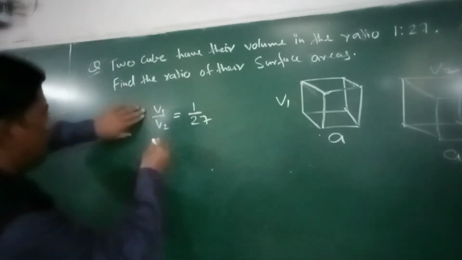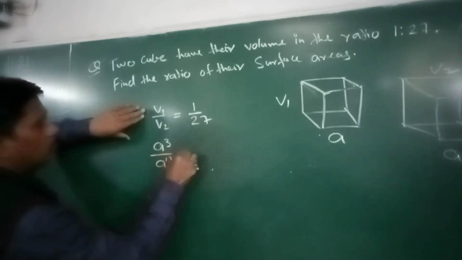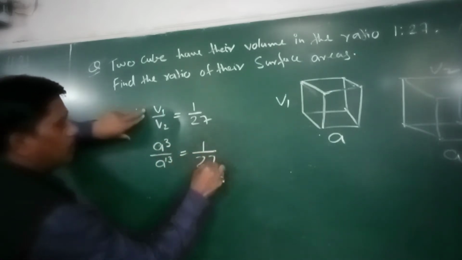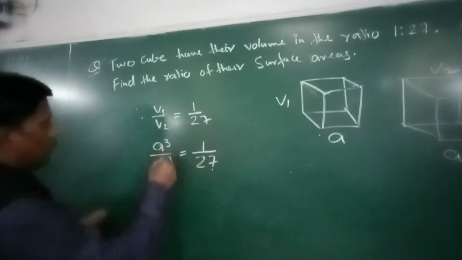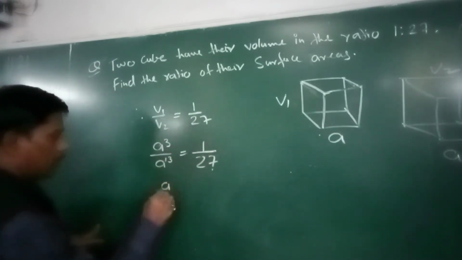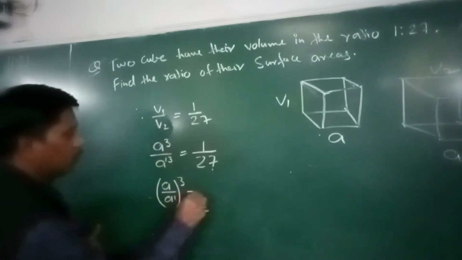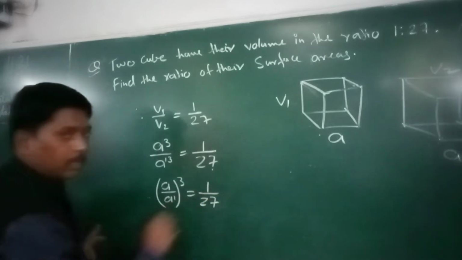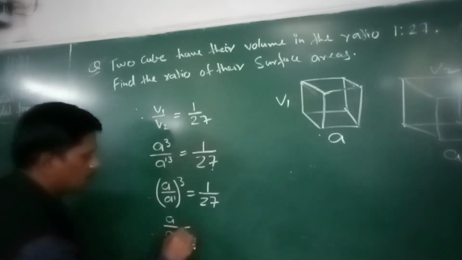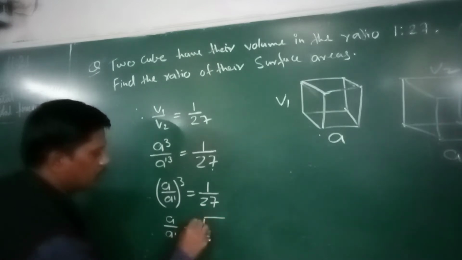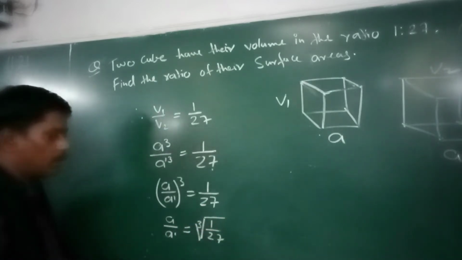Now we put A cube upon A dash cube is equal to 1 upon 27, right? And we can take the power as common, so we can write A upon A dash whole cube is equal to 1 by 27.